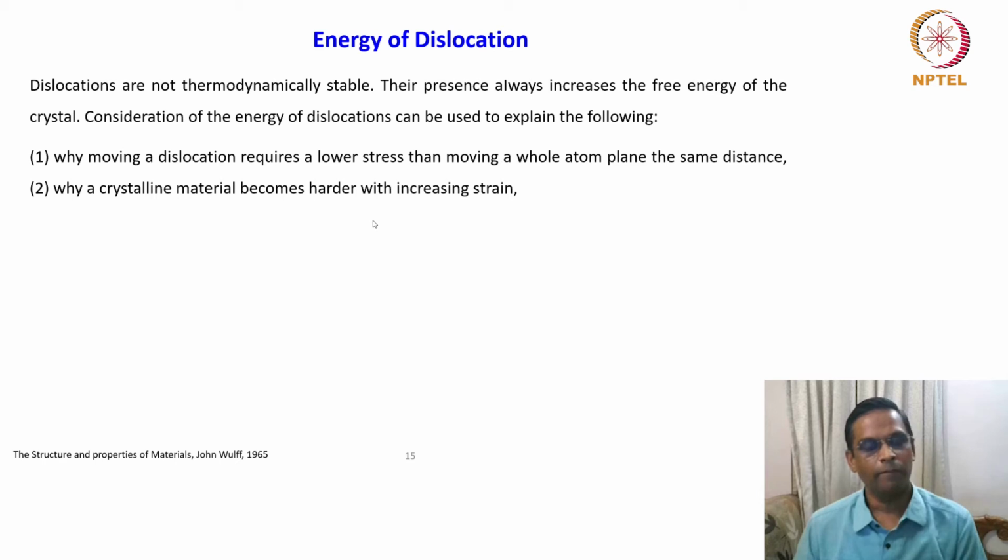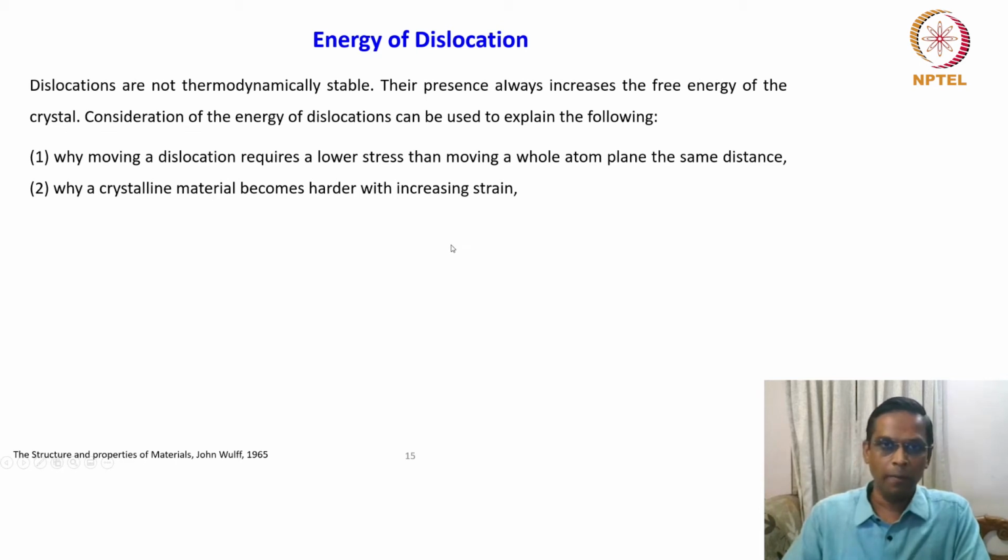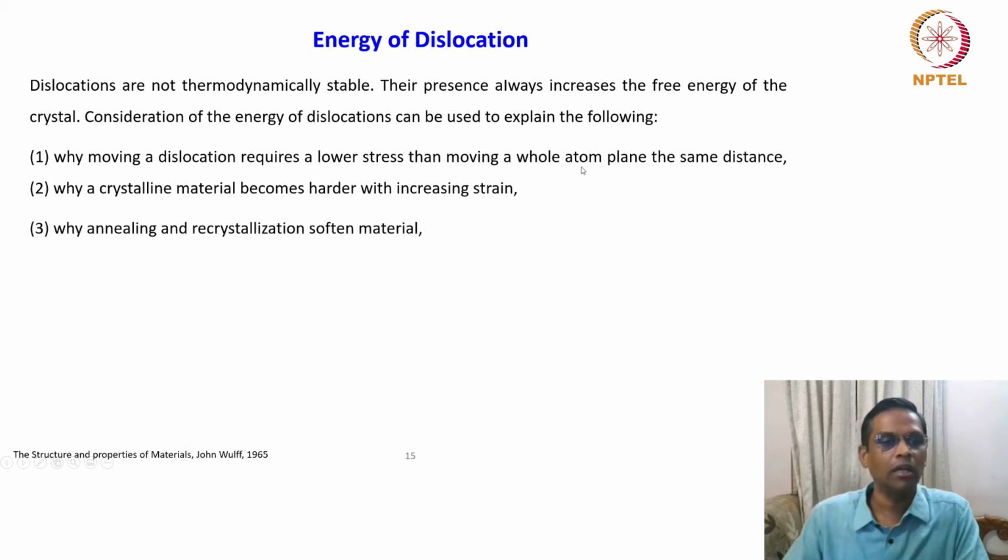So that's why understanding energy is important. And again, why does a crystalline material become harder with increasing strain? Increasing strain means we are multiplying the dislocations in this crystal system, and that makes the system complicated, and the energy is always going to increase. So that's why we are thinking about the energy.